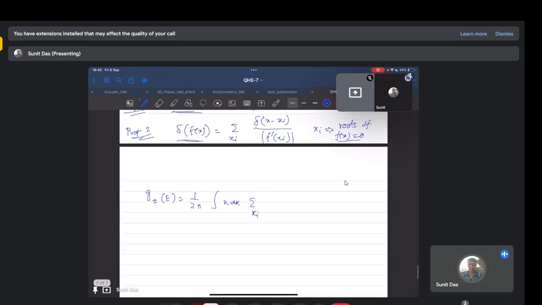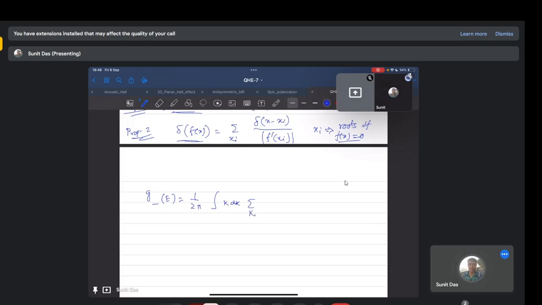Let's focus on the plus band first, then it will be easier to follow. Similarly we can do it for the minus band, because otherwise there will be a complication: for the plus band there might be some roots which may not be applicable for the minus band.